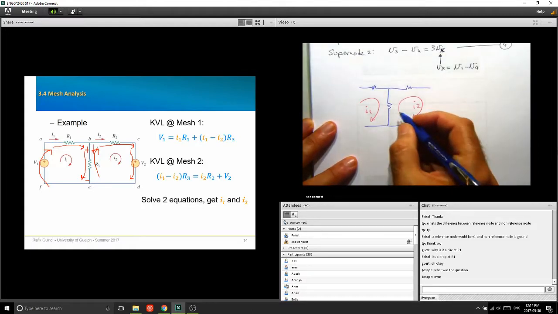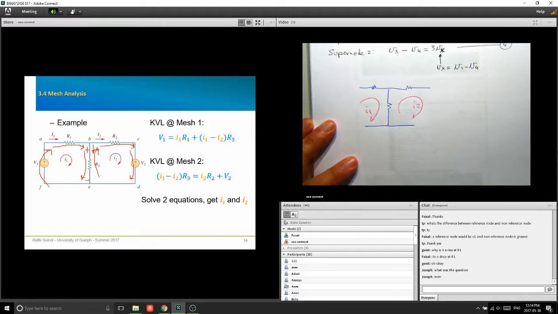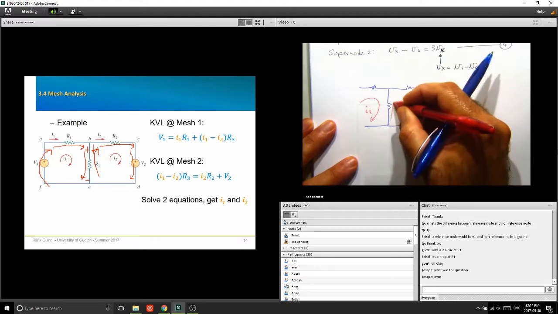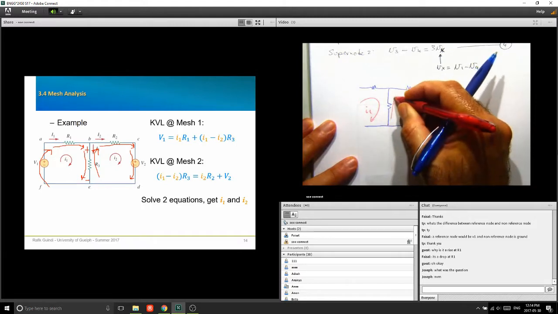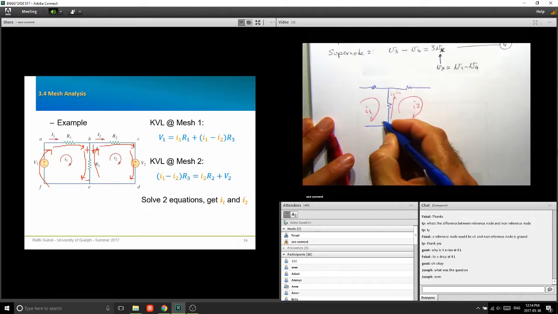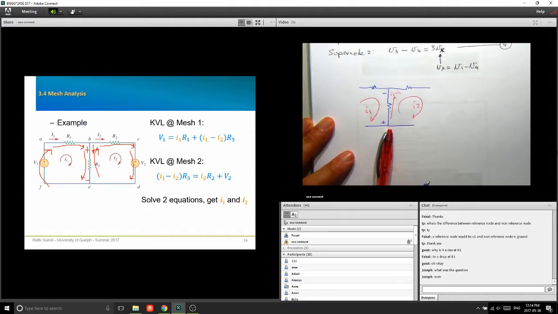If you say I2 minus I1, it means you have this direction, then you're also assuming plus or minus in this direction. Okay, so let's do it like that.